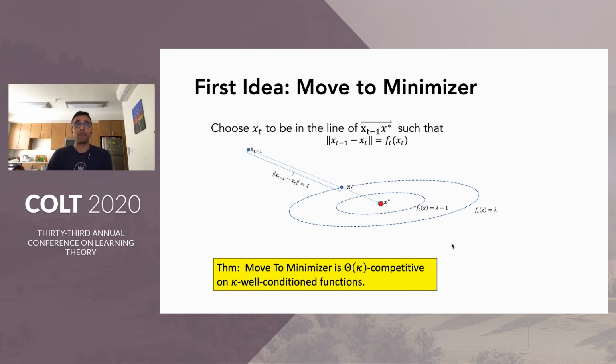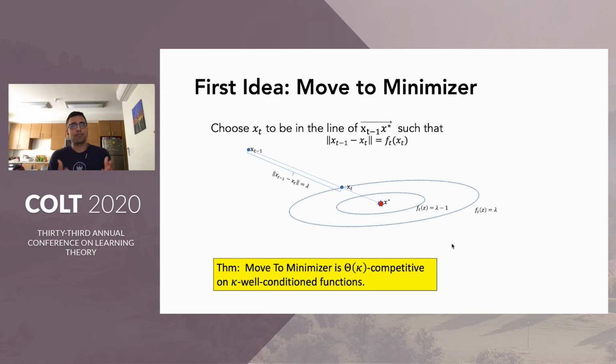In particular, move to minimizer has a theta kappa competitive ratio on kappa well-conditioned functions. I emphasize that this is a theta kappa because we show that this algorithm is actually tight. You cannot hope to improve the analysis. And this is not the promised square root kappa competitive ratio.